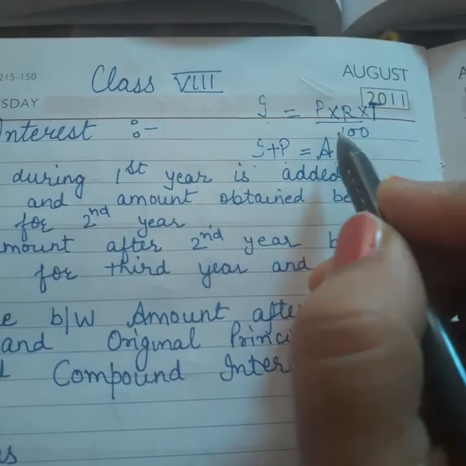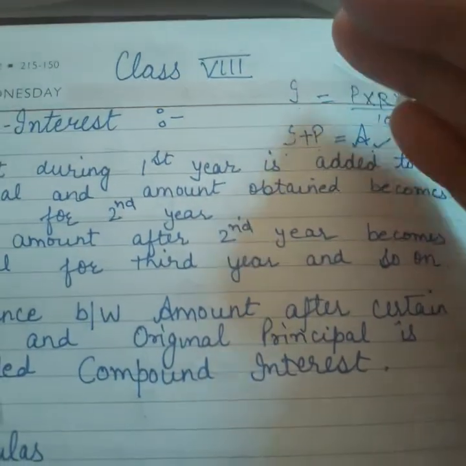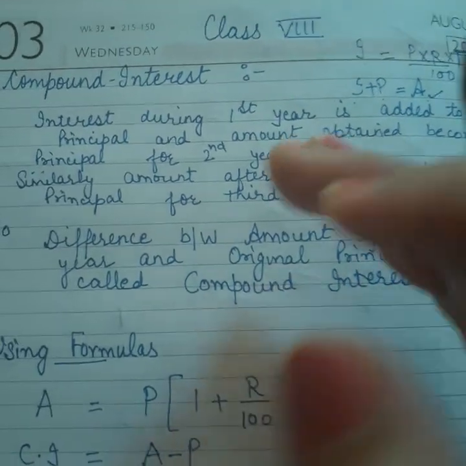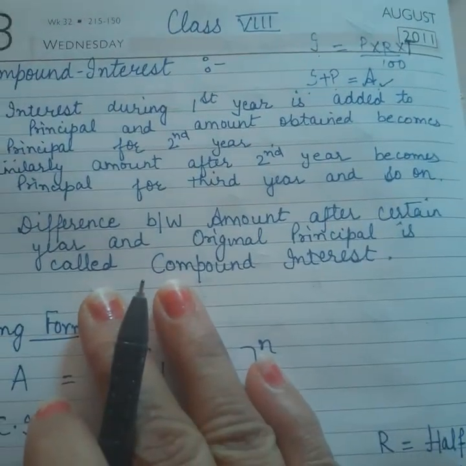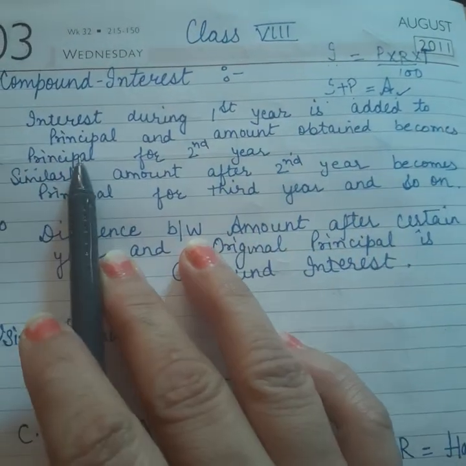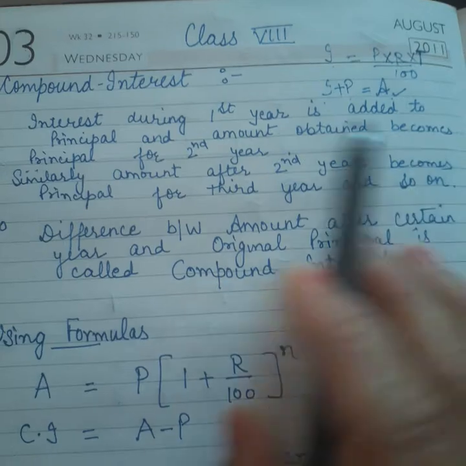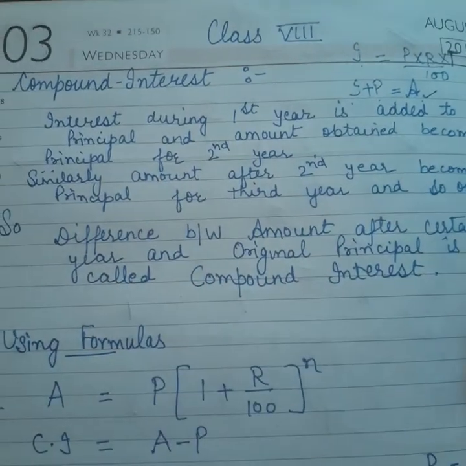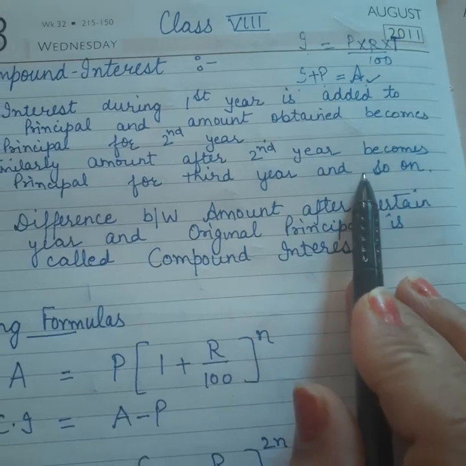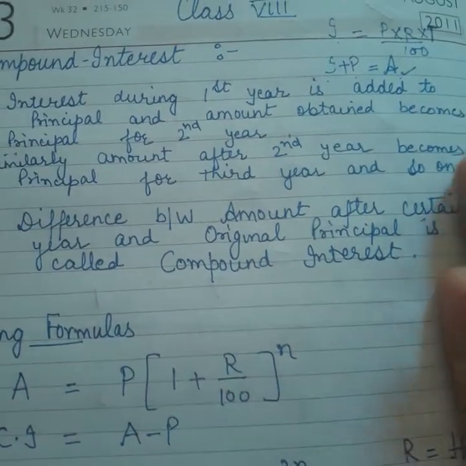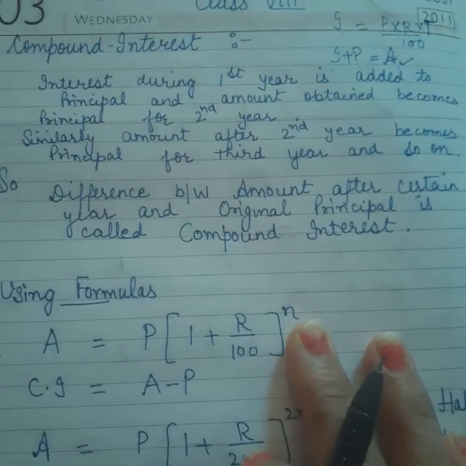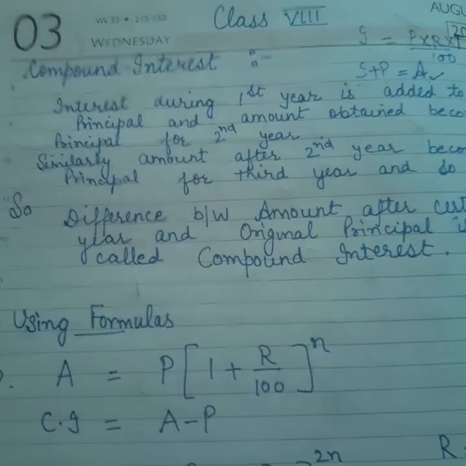These steps continue up to the time which is mentioned in the question. So the interest during the first year is added to the principal and the amount obtained becomes the principal for the second year. Similarly, the amount after the second year becomes the principal for the third year, and so on.